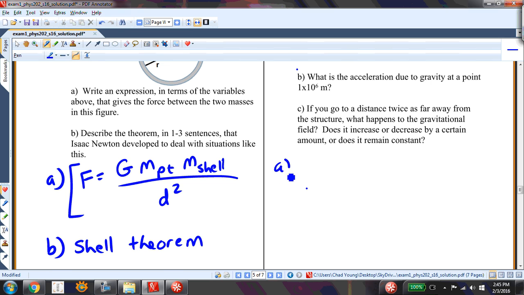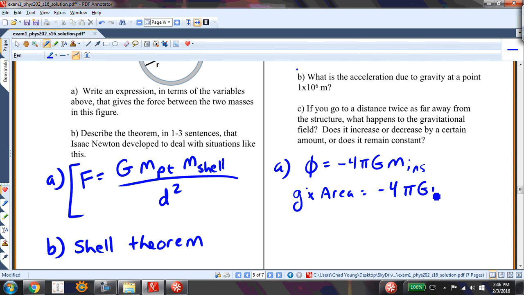All right, so first for part A, we need to go to our Gauss's law, which is that the flux is equal to negative 4 pi G times the mass inside our Gaussian surface. The flux is equal to g times our area, which is negative 4 pi G times the mass inside our Gaussian surface.